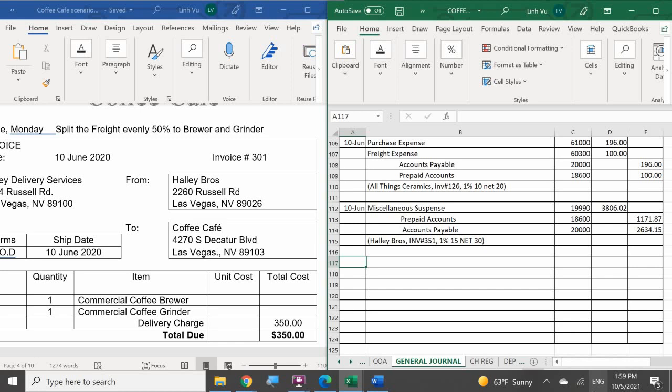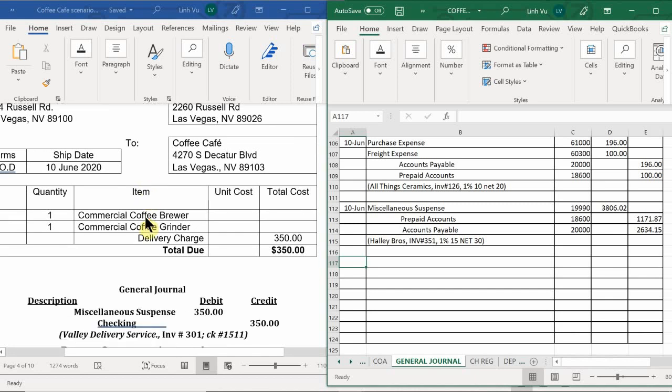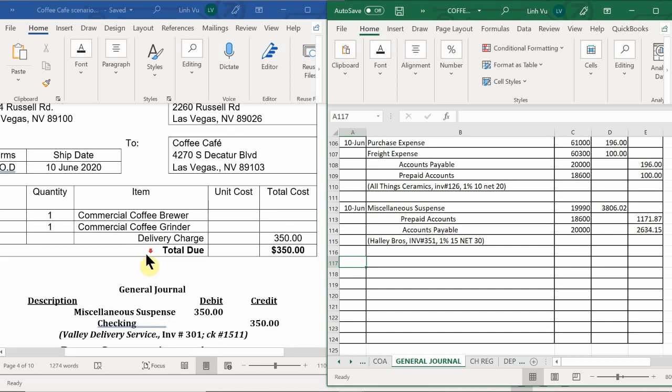The check is 1511. We're going to be writing a check out to Valley Delivery Services, okay? Now, for what amount? $350. As you can see here, they delivered a coffee brewer and coffee grinder, and they charged you a flat fee of $350 to deliver.